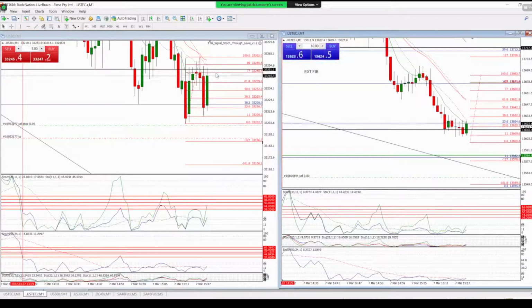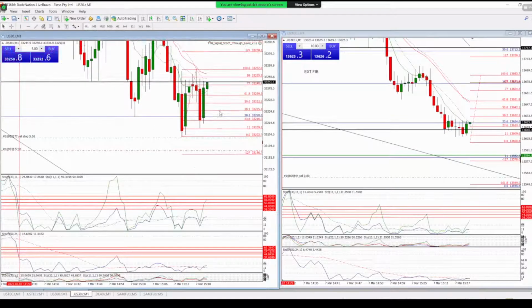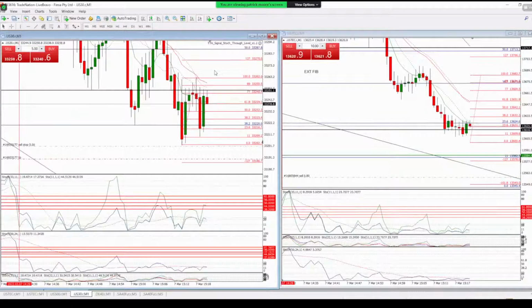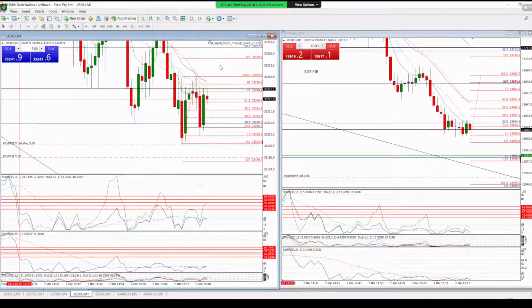There you go. Watching stochastic up through 50. Resistance now. Opening range level there.